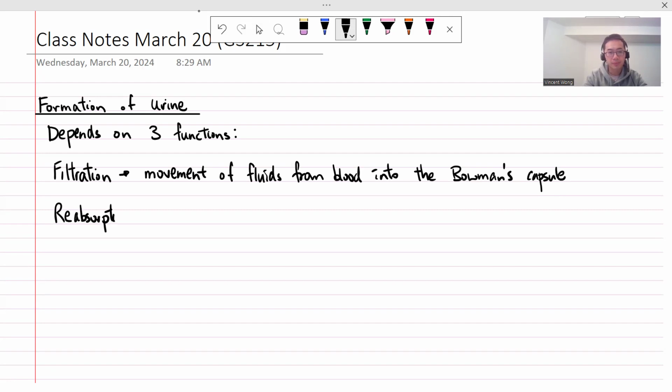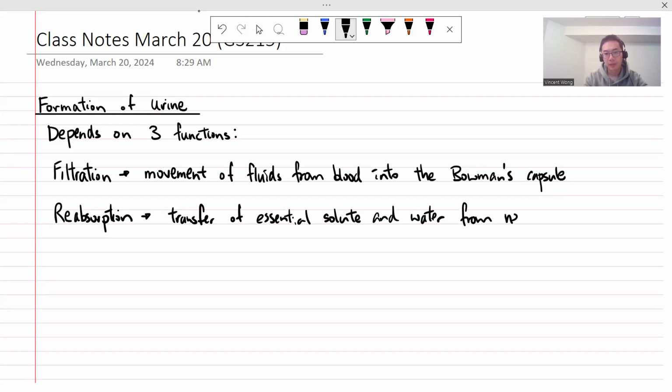Reabsorption is the transfer of essential solute and water from nephron back into blood.